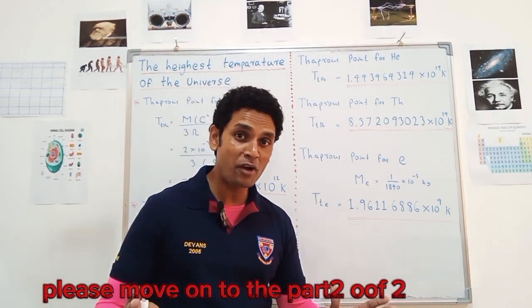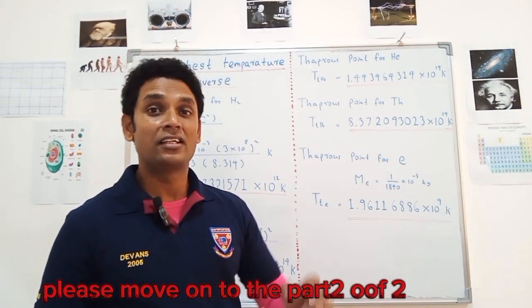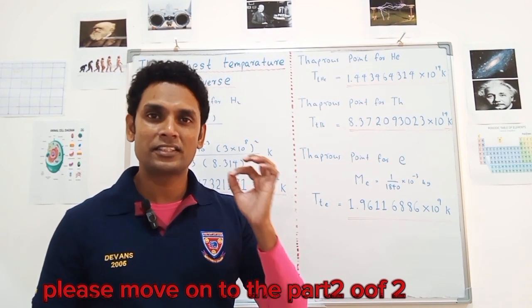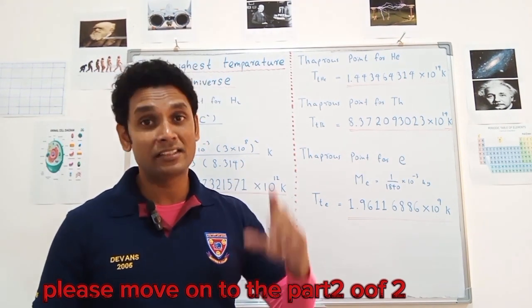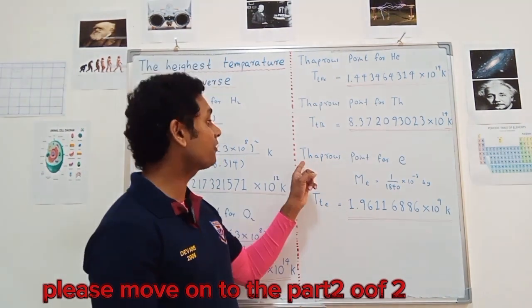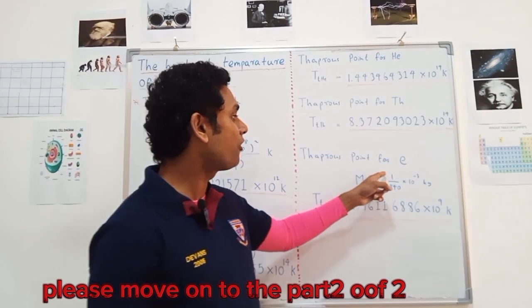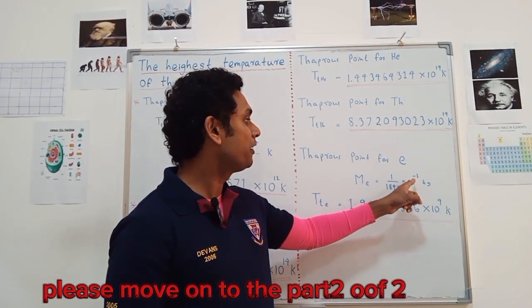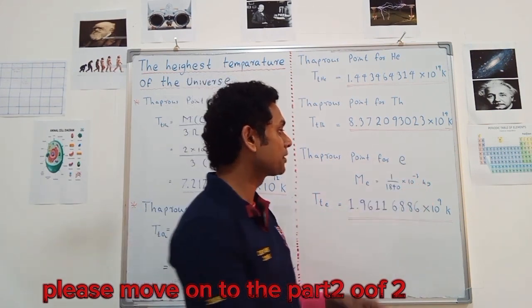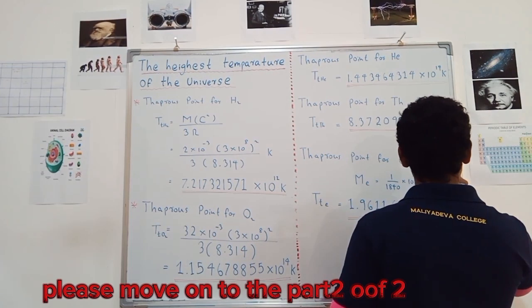So now we are going to calculate a temperature point for a subatomic particle. The smallest subatomic particle that we can use to calculate a temperature is the electron. The molar mass for the electron is 1 divided by 1840 multiplied by 10 to the power minus 3 kilograms per mole.